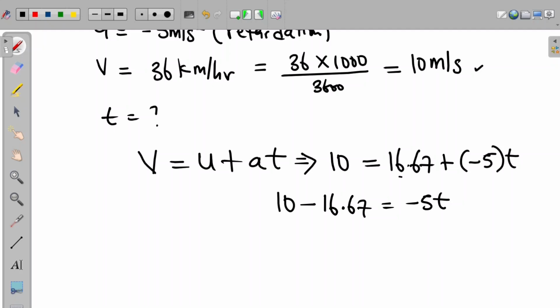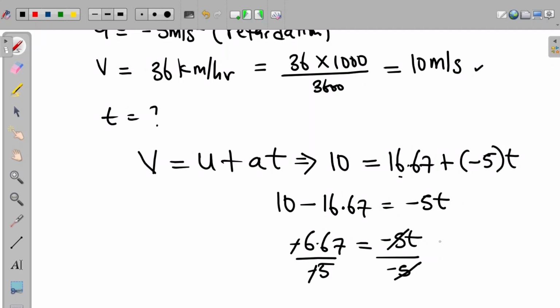Now 10 minus 16.67 is minus 6.67 equal to minus 5t. So we can divide both sides by -5 to obtain the value of t. So -5 cancels out -5, and minus cancels out minus.